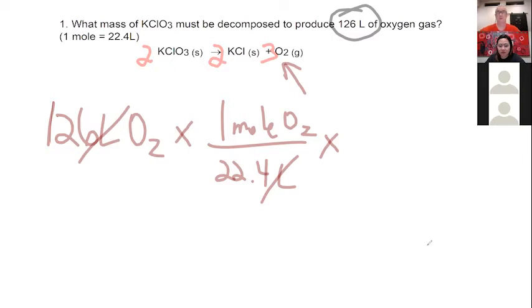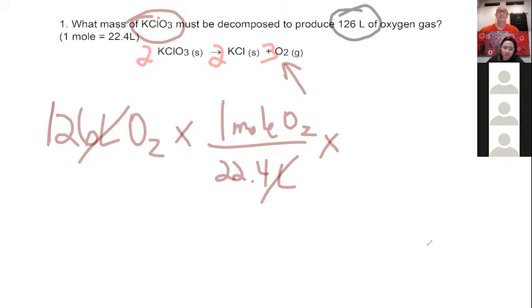O2 is the product, I mean the reactant. The KClO3, potassium chlorate. Yes, I need to know what the mass of this is. But what do I need to know first before I can calculate the mass? The ratio of that to oxygen gas. Bingo. The ratio of moles, right? Because all reactions are dealt in molar ratios, not mass ratios. So first I need to figure out how many moles of KClO3 I have.